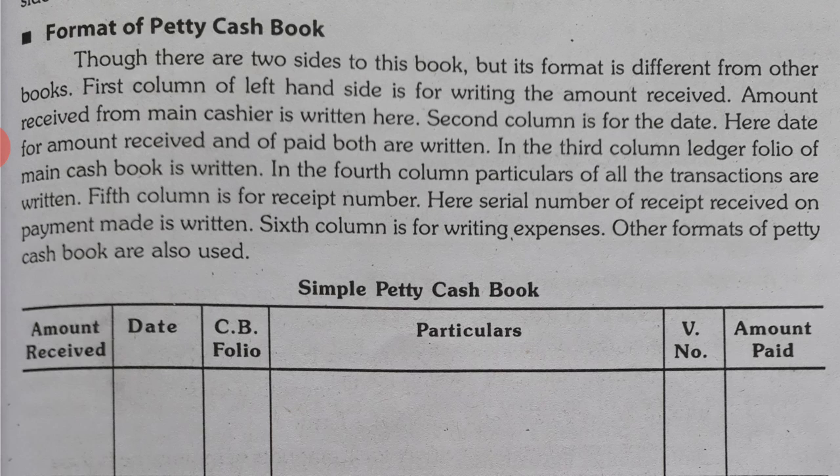So it is of two types actually. First, simple petty cash book, and second one is columnar or you can say analytical. And let us start with the simple cash book first.